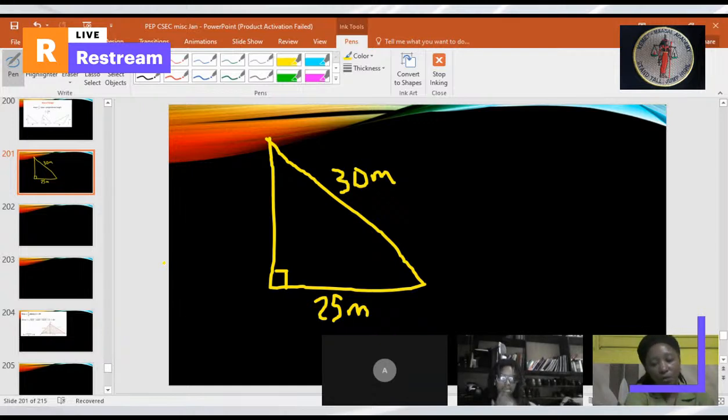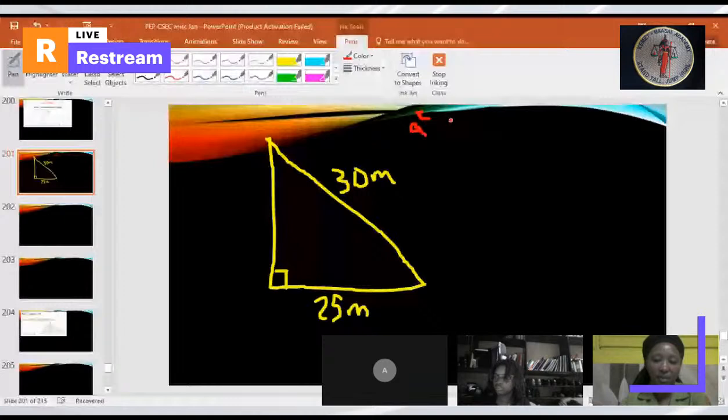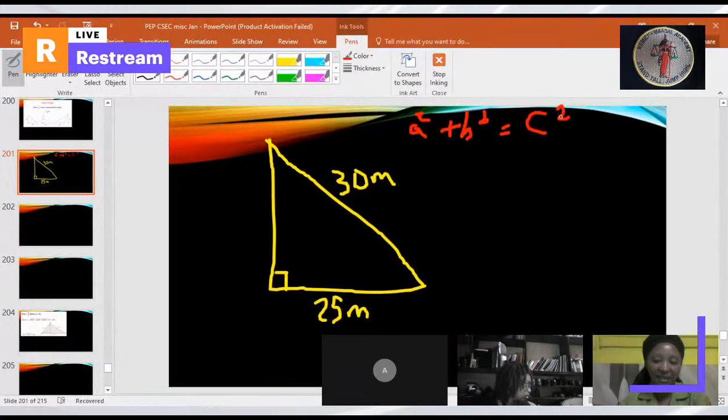All right. So what do we do to find the height then? We would use the formula a squared plus b squared equals c squared. So we're using Pythagoras' theorem, a squared plus b squared is equal to c squared, to find the height.